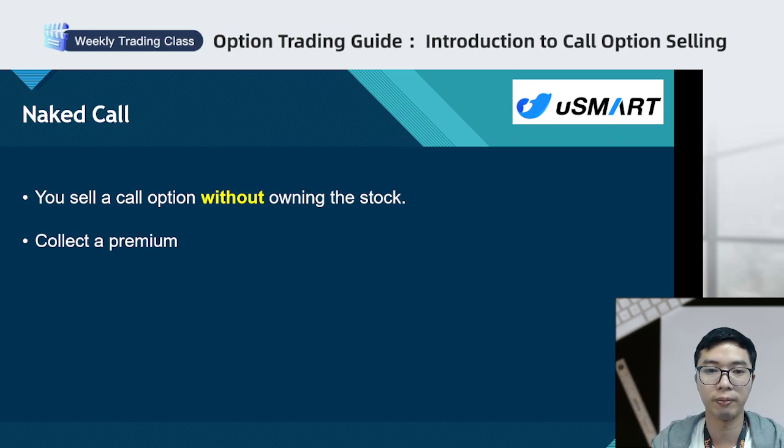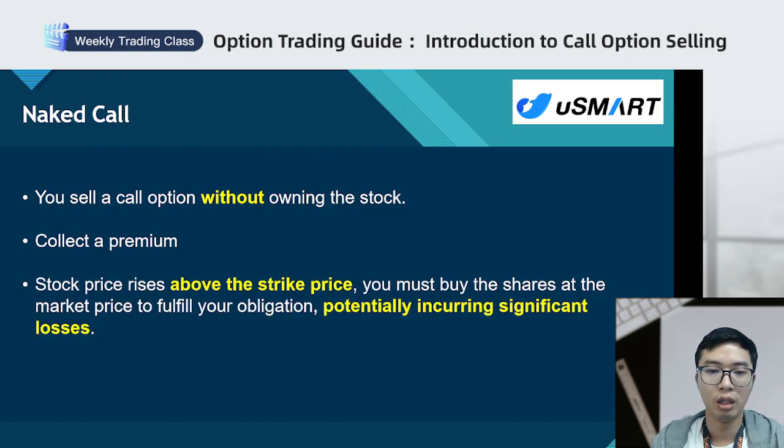So let's go back to this naked call. We sell a naked call option without owning the stock, and we aim to collect the premium. We don't want to earn like the call buyers, who can earn a lot when the price goes up. For sold options, we want the price to stay sideways or go down.